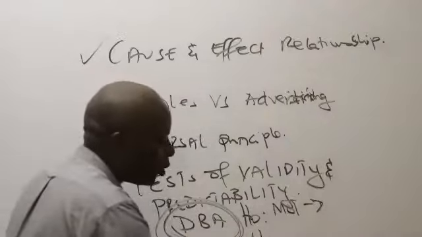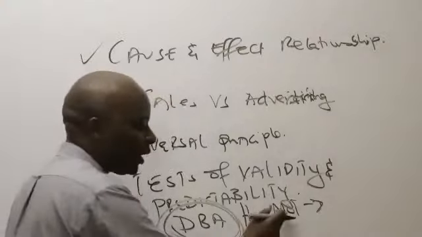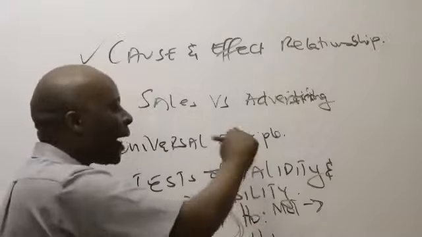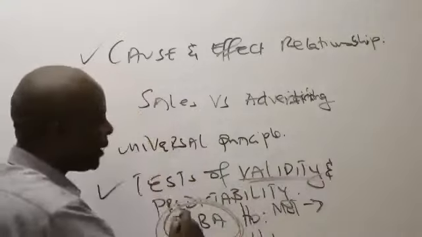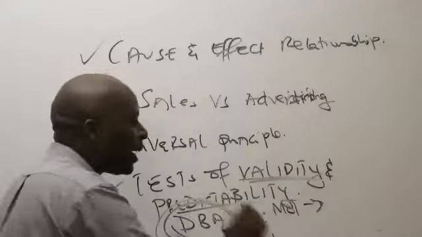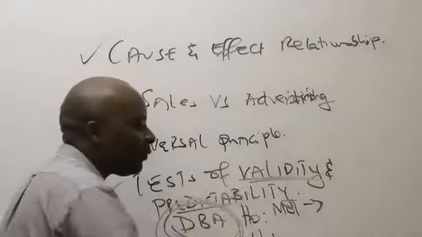And then we have the alternative hypothesis, which normally is the opposite of this. So we are able to test our management hypotheses, whether they are valid. We can easily predict using regression. This tells us that management is something that is a science, something that is scientific.